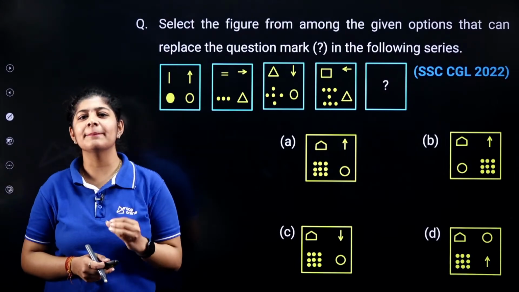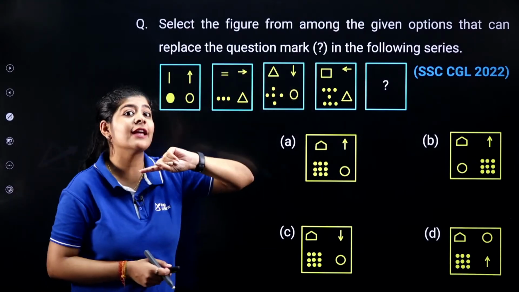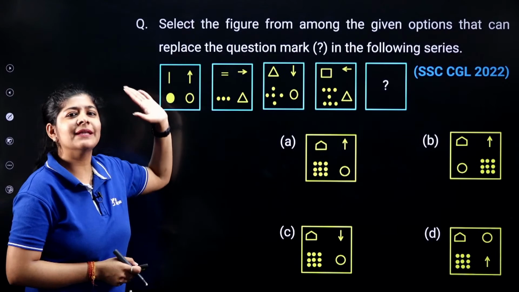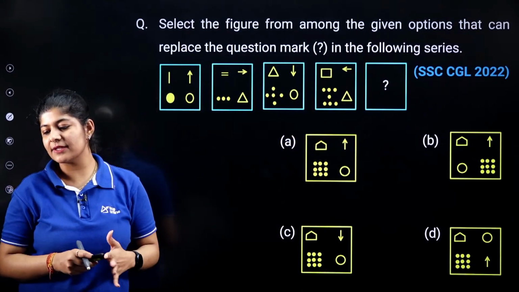This is a very simple type of question. Just simply analyze all the figures carefully. You need to understand the pattern, and you need to apply the same pattern to this missing figure. What is the correct answer we are getting?